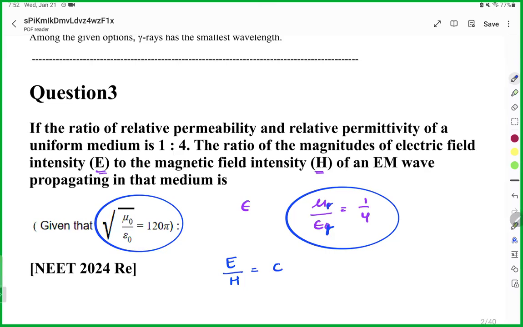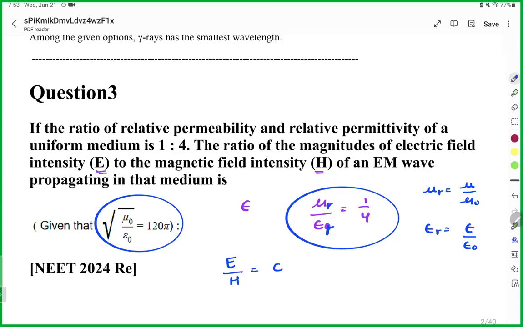But if you compare the relative condition, you know mu r will be equal to mu by mu naught. Same, epsilon r will be equal to epsilon by epsilon naught. Correct?